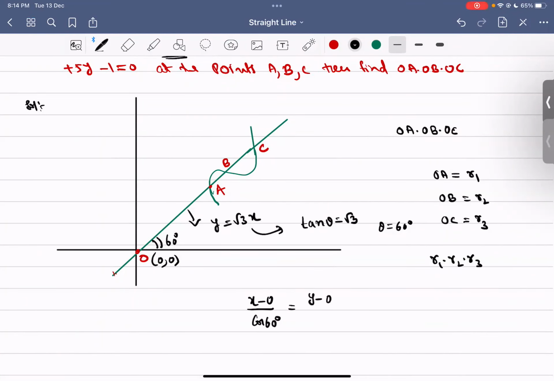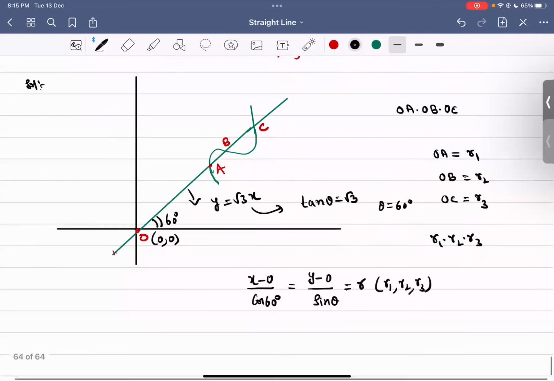And y minus 0 by sin 60 is equal to some r. So r has three different values, R1, R2, R3, based on the points: corresponding to A, R1 distance, corresponding to B, R2 distance, and corresponding to C, R3 distance.